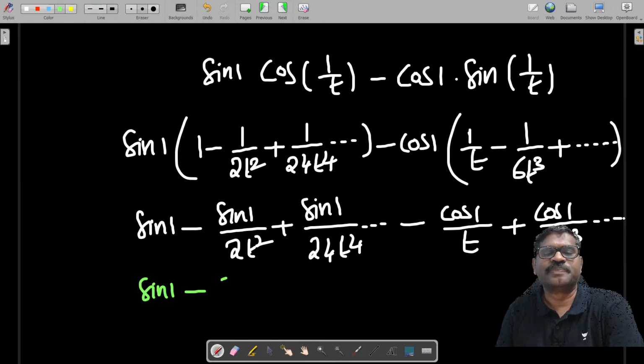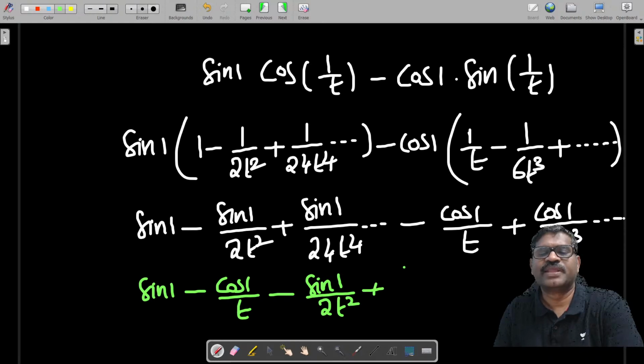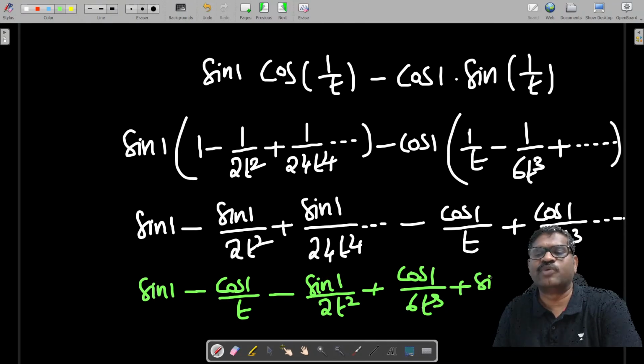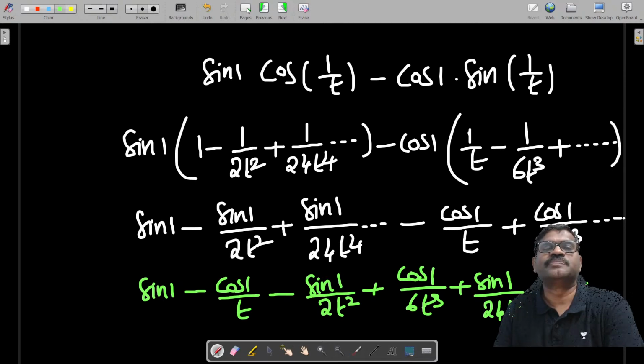Sin 1 minus cos 1 by t, minus sin 1 by 2t square plus cos 1 by 6t cube plus sin 1 by 24 t power 4 and so on.